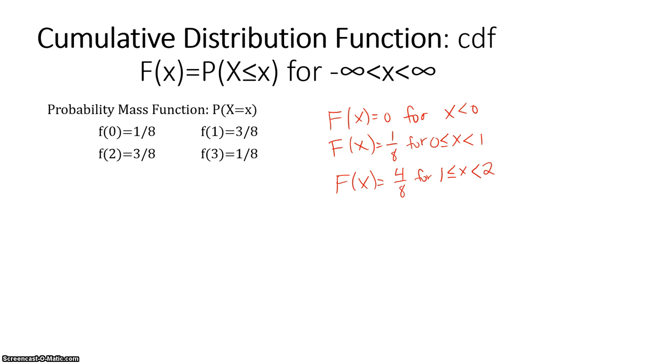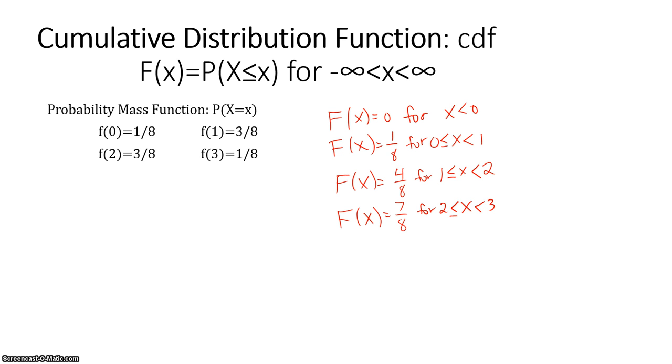Similarly, at 2, our CDF is going to increase by another 3/8. And it's going to maintain that value until we get to x equals 3. So it's going to be 7/8 for values of x that are greater than or equal to 2, but still less than 3.